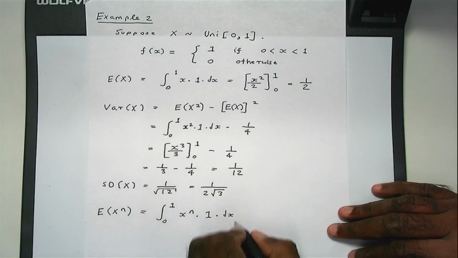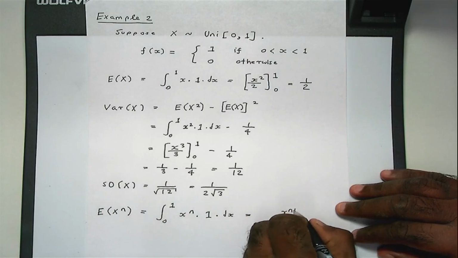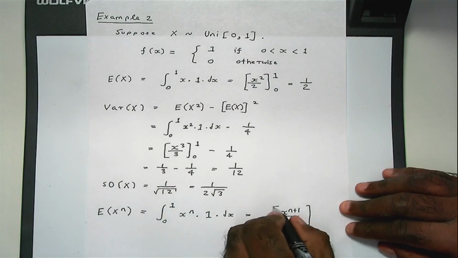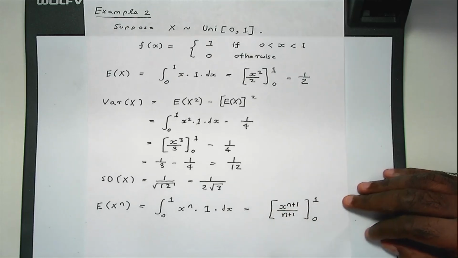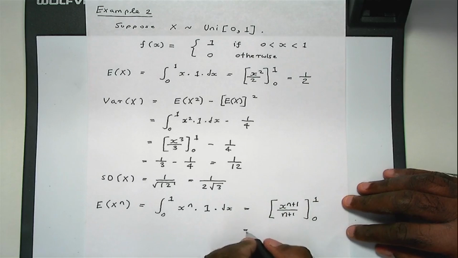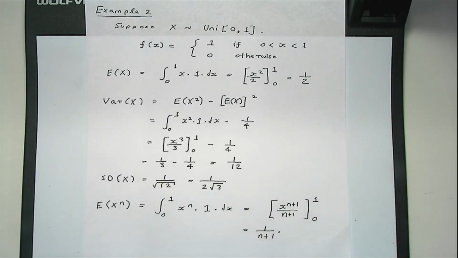Now if you integrate this and take the limits, you get 1 divided by n plus 1. Right, so this is the second example completed, and this also completes the video on variables. The next video will be on independent elements or independent random variables.